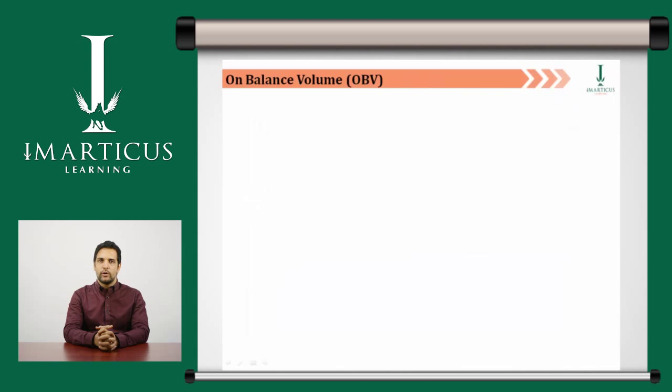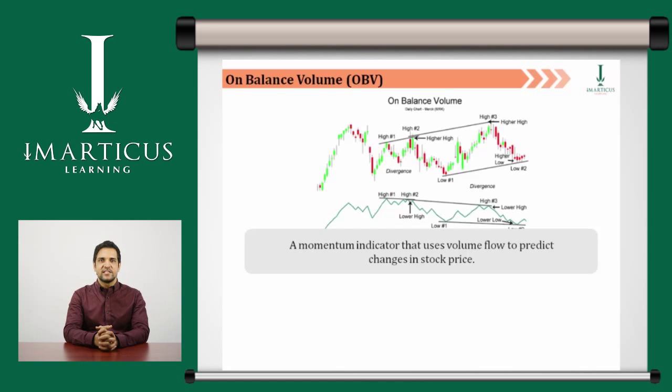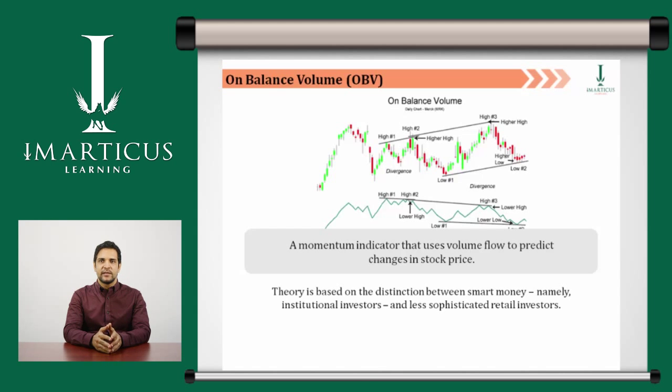Moving on to on-balance volume, or OBV. It is a momentum indicator that uses volume flow to predict changes in stock price. The theory behind OBV is based on the distinction between smart money, namely institutional investors, and less sophisticated retail investors.